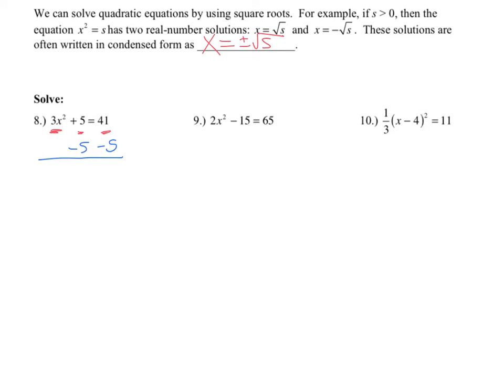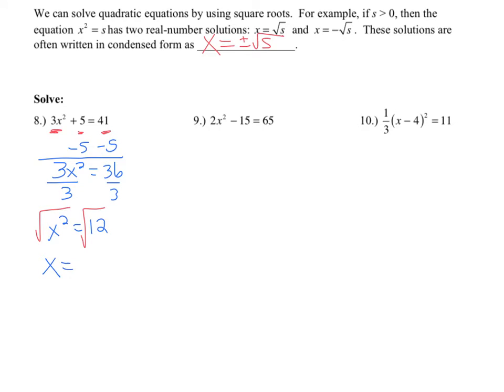We're trying to isolate the x squared, so I take away 5 from both sides. Then I divide by 3. And I have that x squared equals 12. Remember that the opposite of squaring is to square root. So we square root both sides.